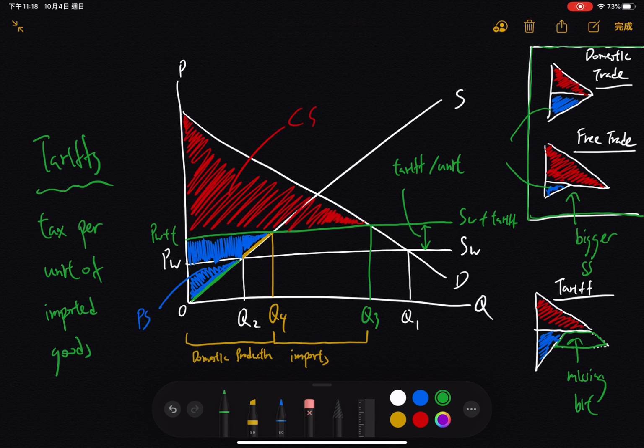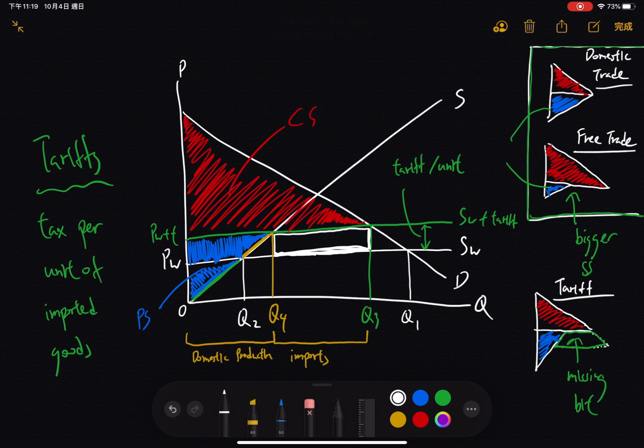When you look at this trapezium, let's focus on this rectangle in the middle. We want to know what this is. The horizontal distance for the rectangle is just the imported production, and the vertical distance is just the tariff per unit.